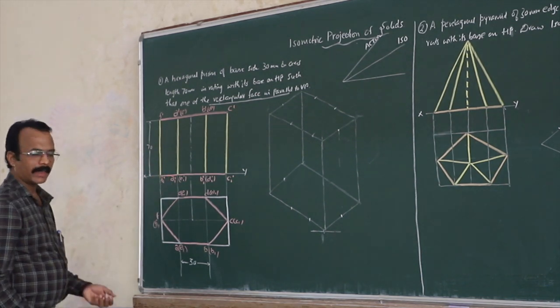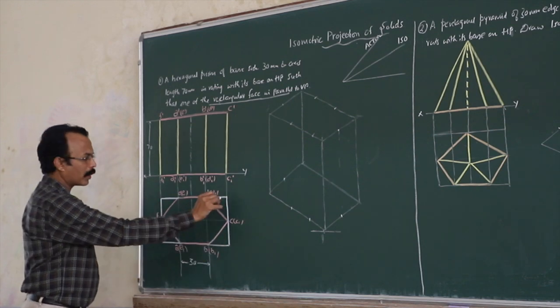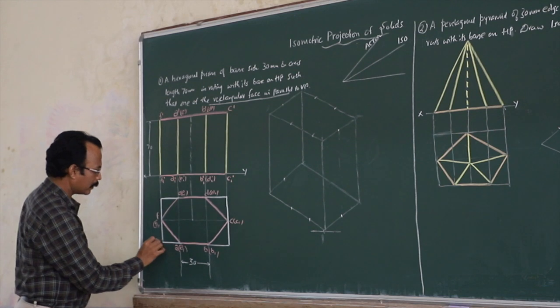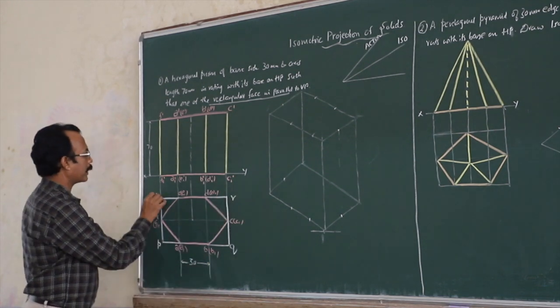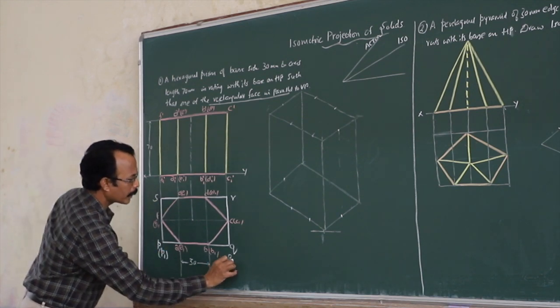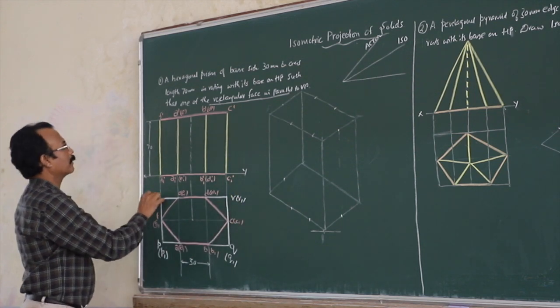Then, as I told you, enclose it in a rectangular box, that is nothing but a rectangular prism. Let us call the top face P, Q, R and S, and the bottom P1, Q1, R1, S1.